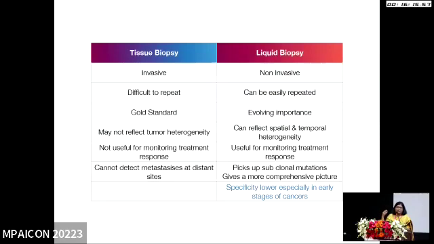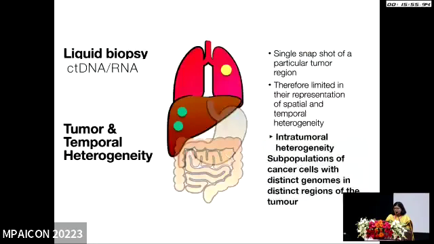Whether it is in primary or metastatic, it can pick up. If there is a difference in the same primary tumor, everything will be captured by the liquid biopsy. Specificity is lower, and that's still a limitation in liquid biopsy. But as the science and technology evolve, we will see better specificity with liquid biopsies as well.